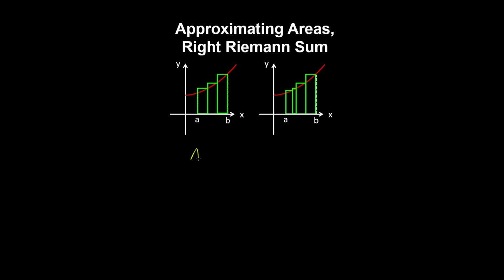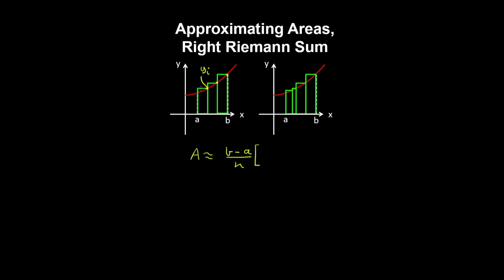The right Riemann sum approximates the area under a curve over a finite interval using rectangles where the right of each rectangle touches the curve. So if we use rectangles of uniform width, then the width of each rectangle is b minus a on the number of rectangles. And we multiply this by the y values that touch the curve.